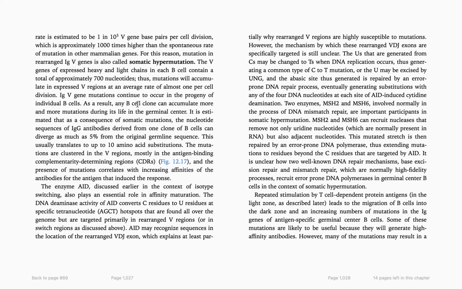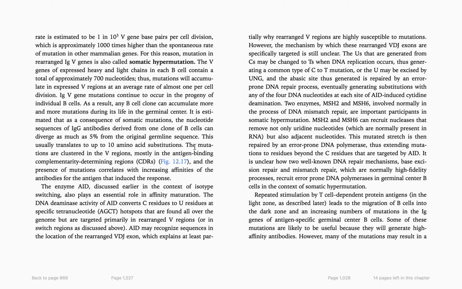IgV gene mutation continues to occur in the progeny of the individual B cells. As a result, any B cell clone can accumulate more and more mutations during its life in the germinal center. It is estimated that as a consequence of somatic mutation, the nucleotide sequence of IgG antibody derived from one clone of B cells can diverge as much as 5% from the original germline sequence.